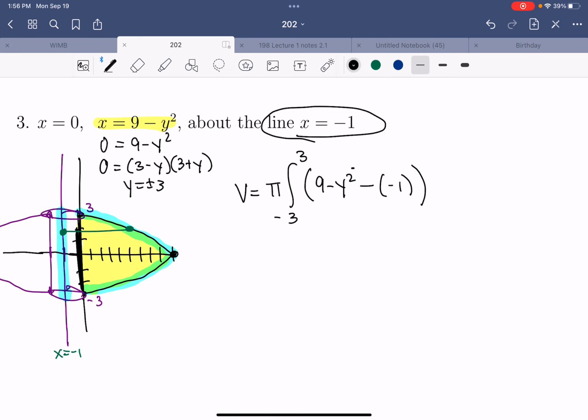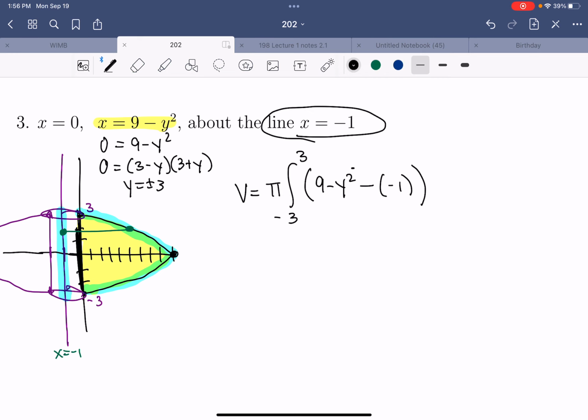Then I want the inner radius. The inner radius goes from my line of revolution to here, and that's minus, because we're doing the first one minus the second one. To get this area, I take the rightmost line, which is 0, minus the leftmost line, x equals -1, square that and go dy.